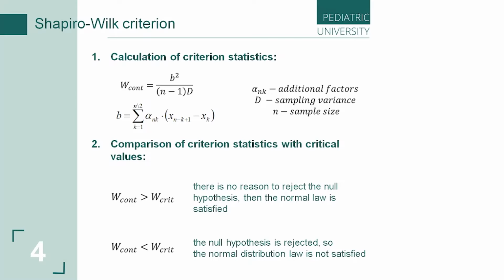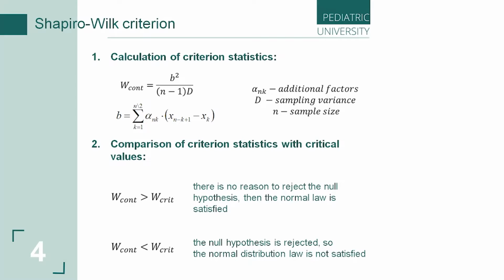And in this formula, what are alpha and k? Alpha and k are auxiliary coefficients. We look them up in special tables, and in your tutorial they are listed at the very end.